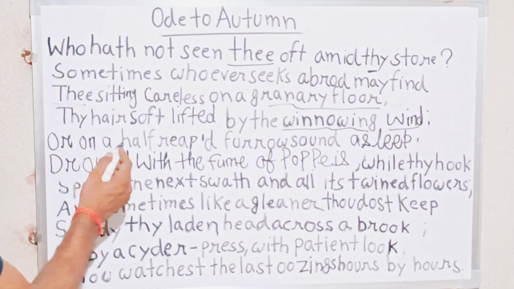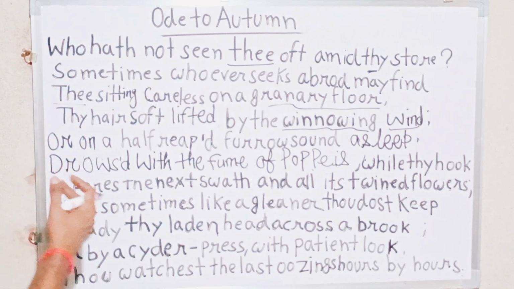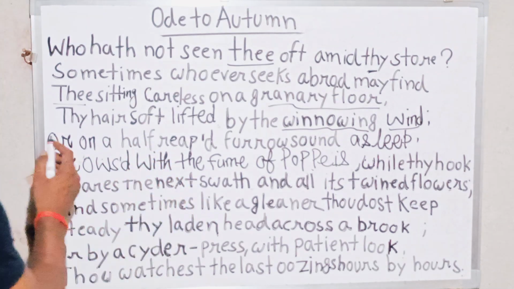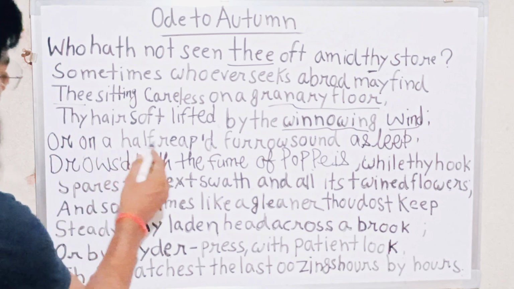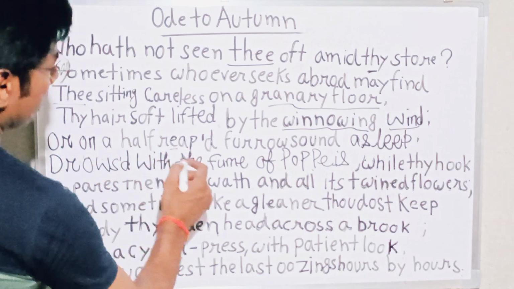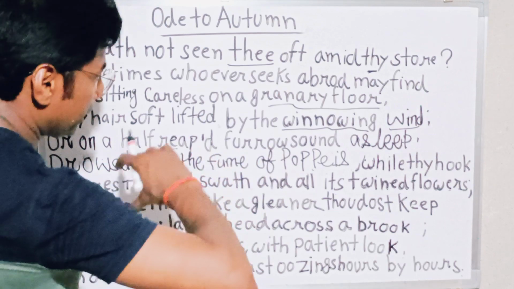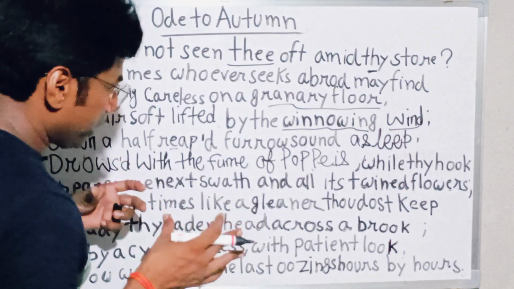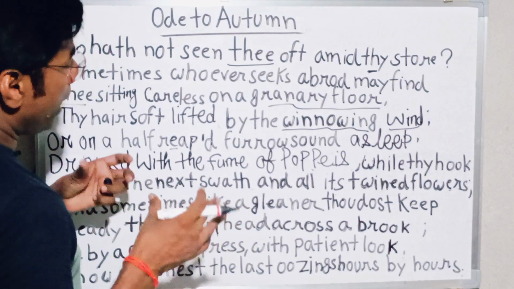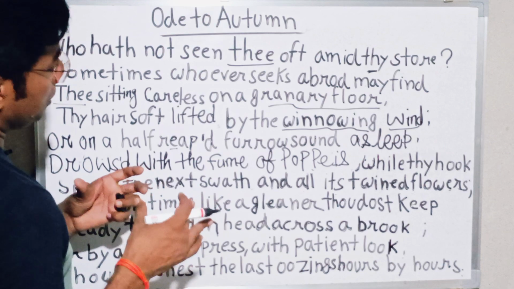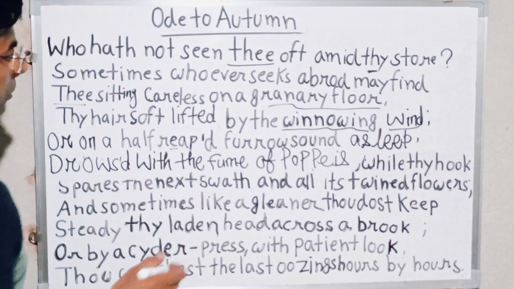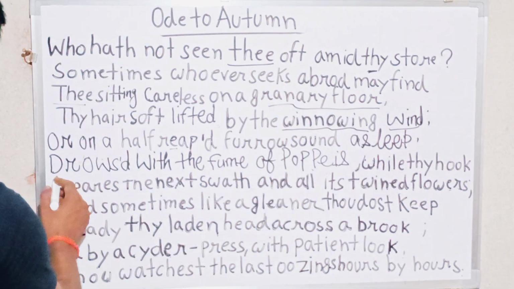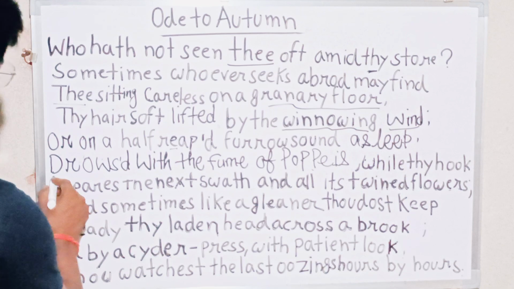This is the first. Now he is elaborating how one can identify or recognize the autumn season. He says, "on a half-reaped furrow." Half-reaped means half cut. Furrow means that particular track or row of certain grain plants. "Sound asleep, drowsed with the fume of poppies."